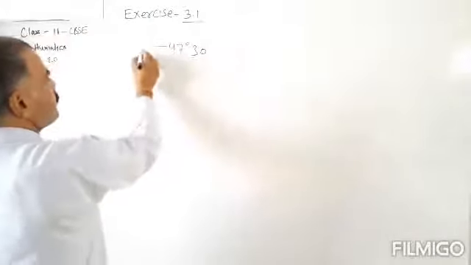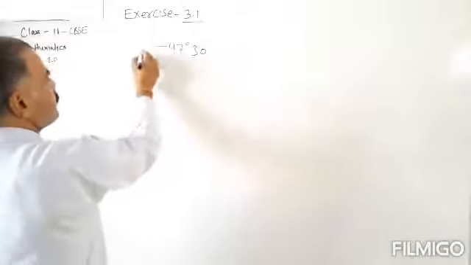So what is the relation between radian measure and the degree measure? You should know this. The radian measure is equal to pi upon 180 multiplied by the degree measure.